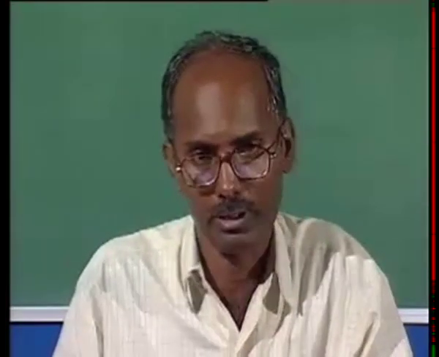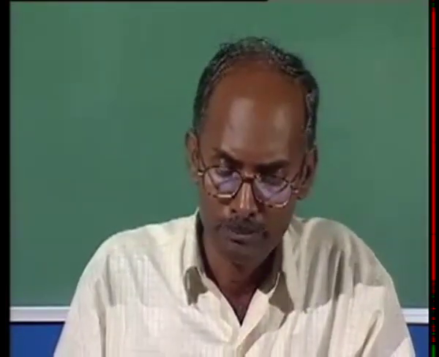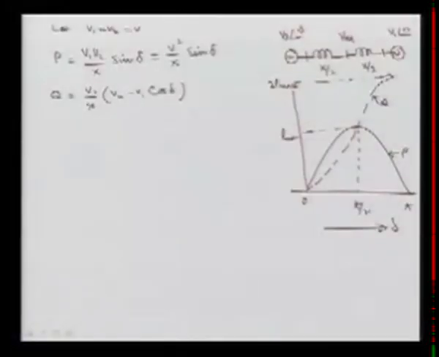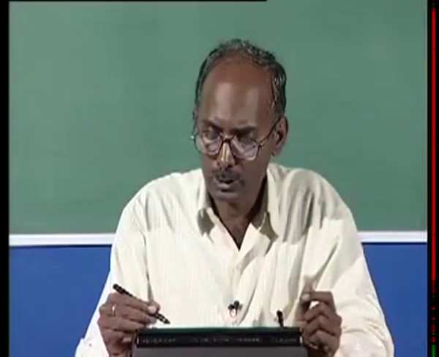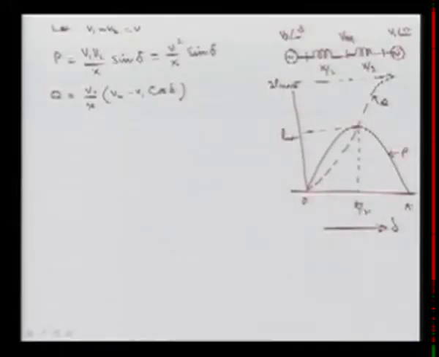To understand this, let us start from the very basic. If you remember, let's suppose we have two systems. This is one system, this is another system, and they are connected by a transmission line having reactance X. Now this reactance is divided into two parts, because I want to show you a midpoint Vm in the middle of the transmission line, so I have put half the reactance on both sides of this midpoint.